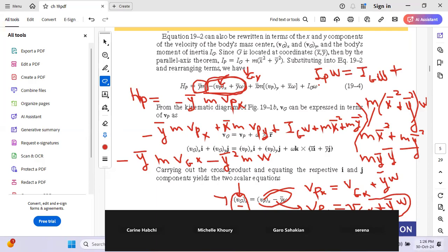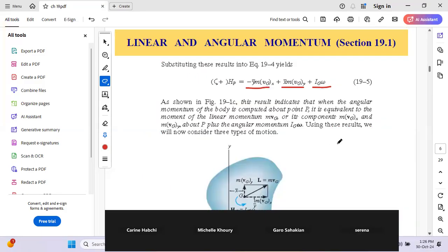So both methods will let you reach this equation, okay? So this is another way to calculate the angular momentum of a rigid body about a point P. It's equal to minus y bar m VGX plus x bar m VGY plus IG omega. This is the most general form, okay?